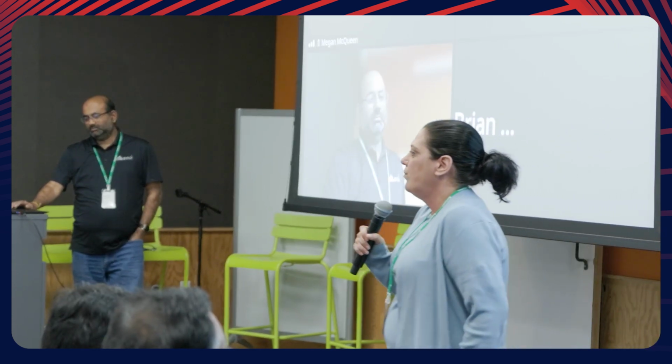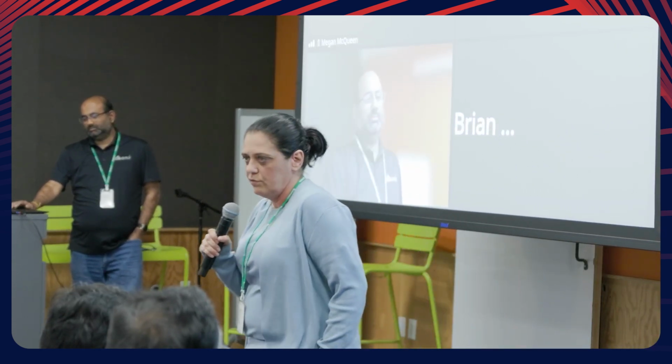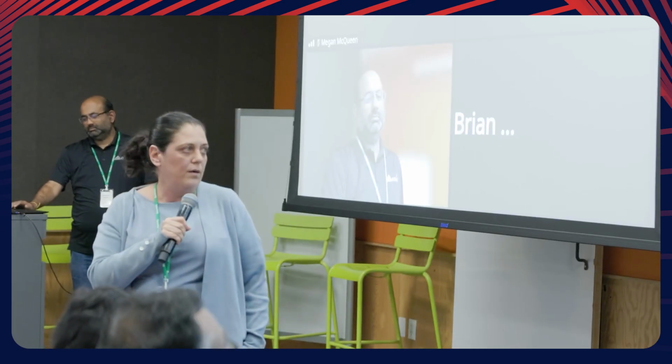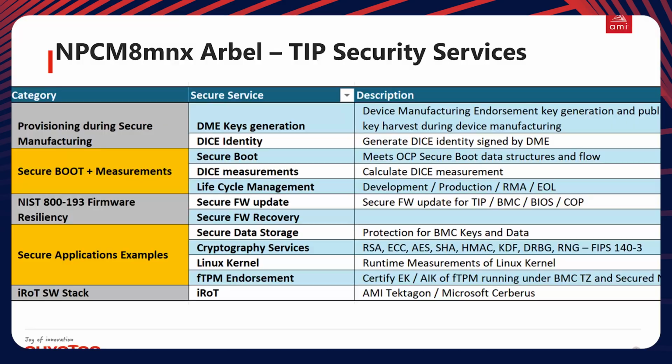Other services. So as I said, the integrated root of trust can be used as a vault to store keys, whether in its memory or on secured memory that can be accessed only by the TIP, in the TIP internal RAM, or in the flash after it's been encrypted.